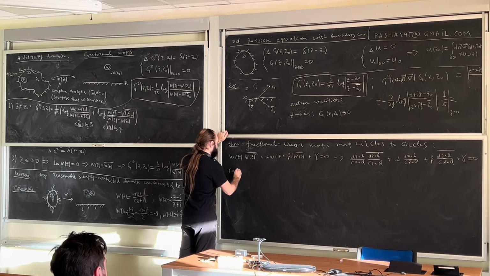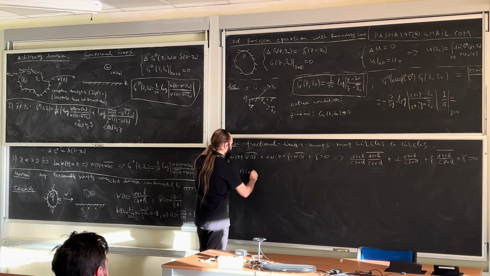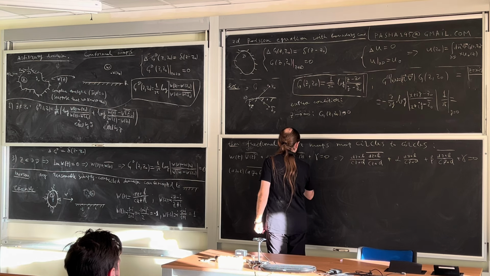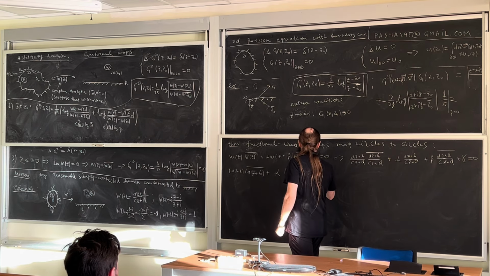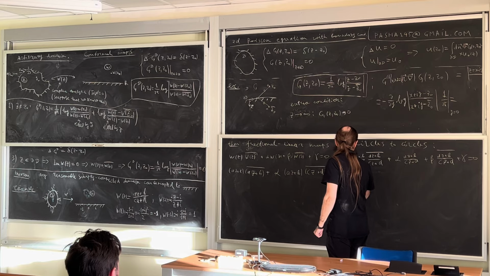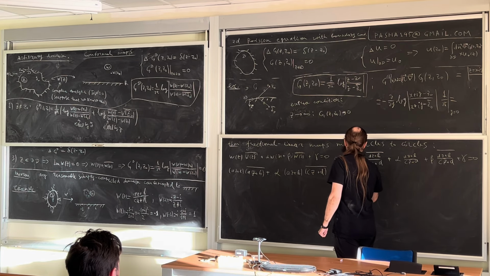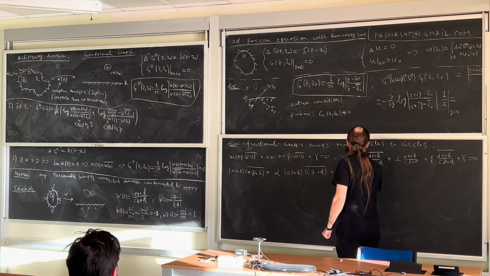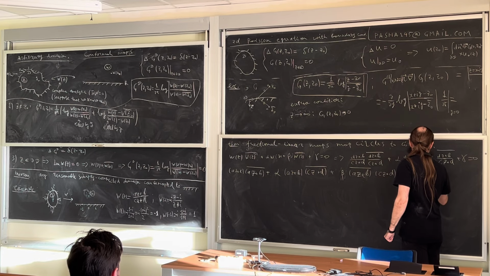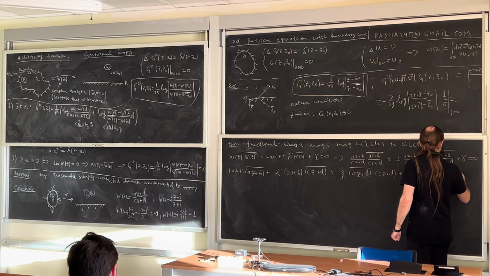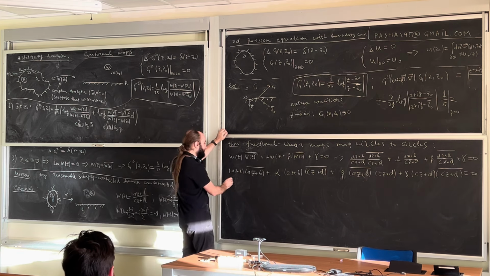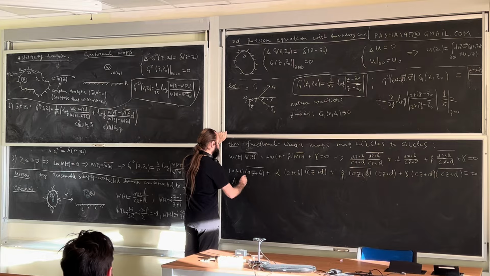So beta, we have an equation of this kind, and now we can collect everything and get another equation that looks the same.